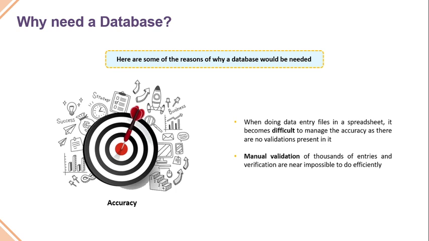You need accuracy as well. You do not want your data to be in an invalid state. To give you an example, if you are storing data about a customer in an Excel file, there's nothing to stop anyone from opening that Excel file and adding some invalid information like the age being -17 or something like that. Now you could in theory add some password protection to that file.